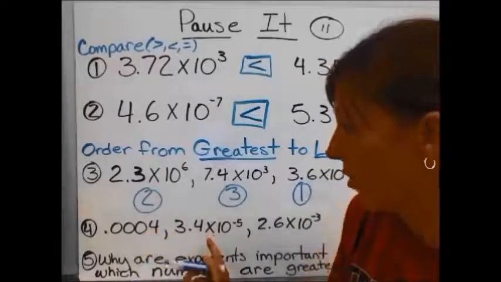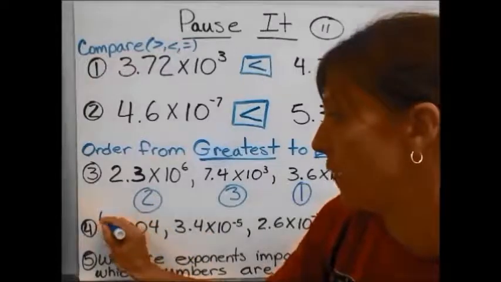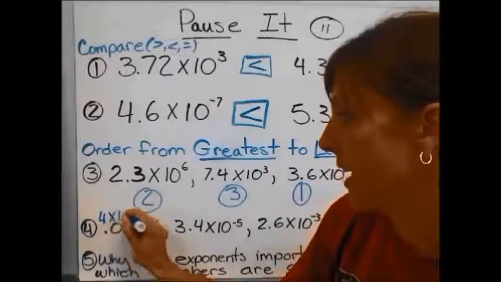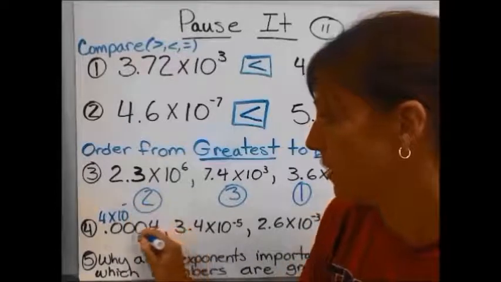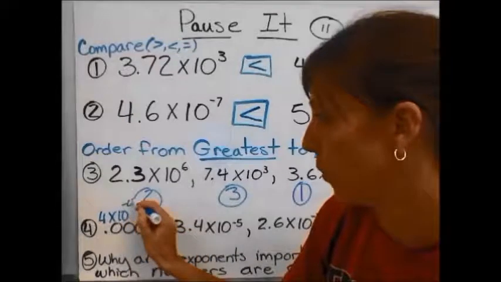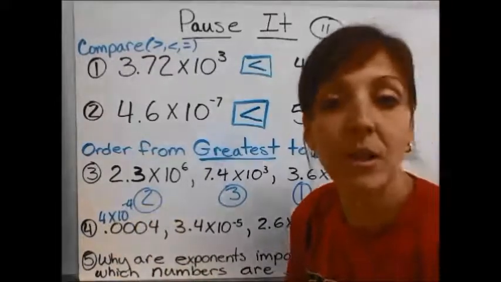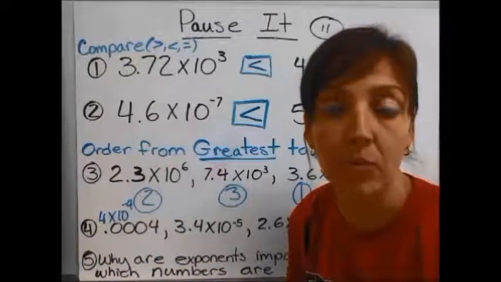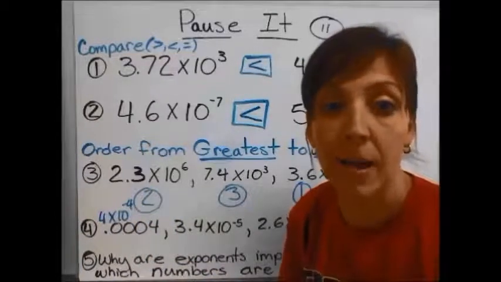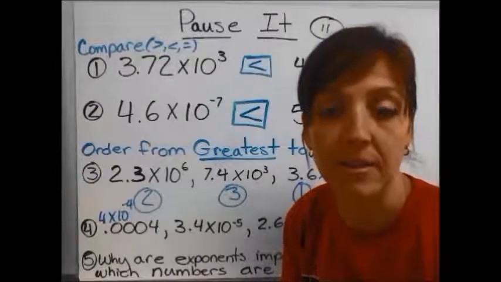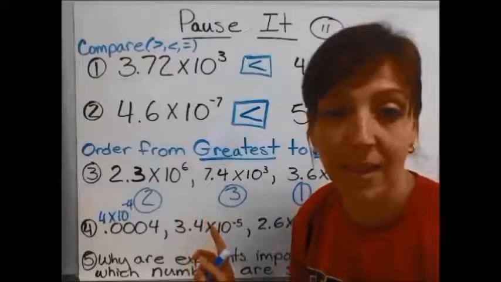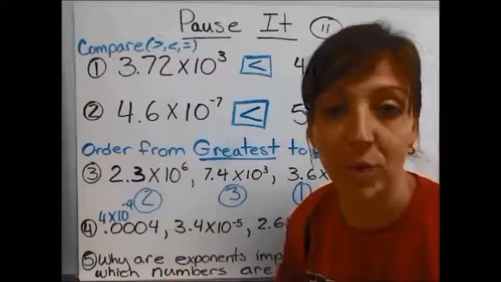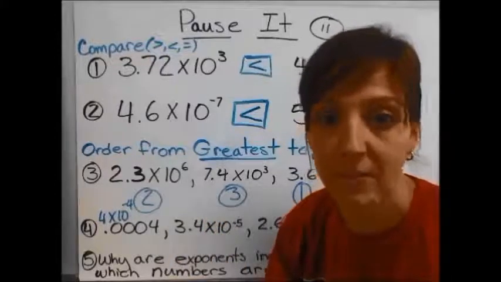Well, if I changed it into scientific notation, it would be 4 times 10 to the negative 1, 2, 3, 4, to the negative 4th. So now I'm going to look at my three numbers and I'm going to compare them. I'm looking at the exponents and I'm looking to see which exponent is larger. When you're dealing with negative exponents, you want to see which one is closer to 0, closer to your positive numbers.